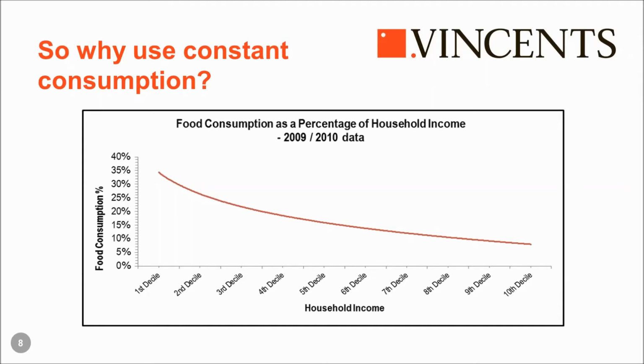Now, this being the case, and as James said before, that food consumption is divisible, it is personal consumption. You'd have to question why it is that you would use a model that assumes that there is constant consumption when all the evidence suggests otherwise.